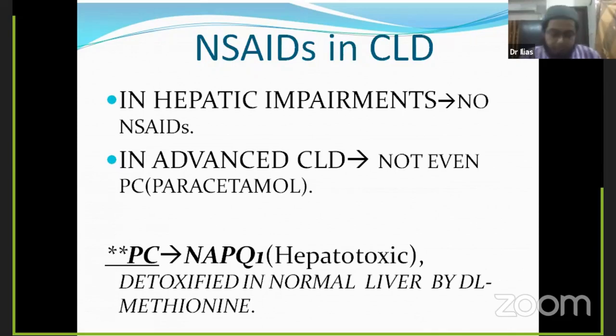But whenever the patient is having the CLD, the hepatocytic activities will be compromised, so no DL-methionine will be produced properly. So ultimately, this NAPQ1 will cause more harm to the hepatocyte. So ultimately, the paracetamol by the NAPQ1 will cause the hepatotoxicity. So in case of advanced CLD, we should not prescribe the paracetamol.